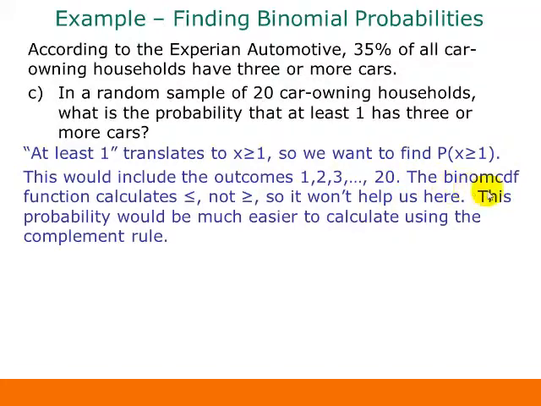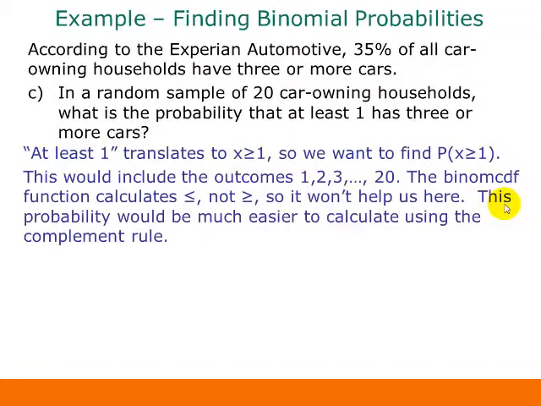Now the problem here is that our binom CDF function that we just looked at calculates less than or equal to. It does not calculate greater than or equal to. So that one isn't going to help us here. And we certainly don't want to put in one function for each of these 20 numbers and then add all those results together. That's way too much work.